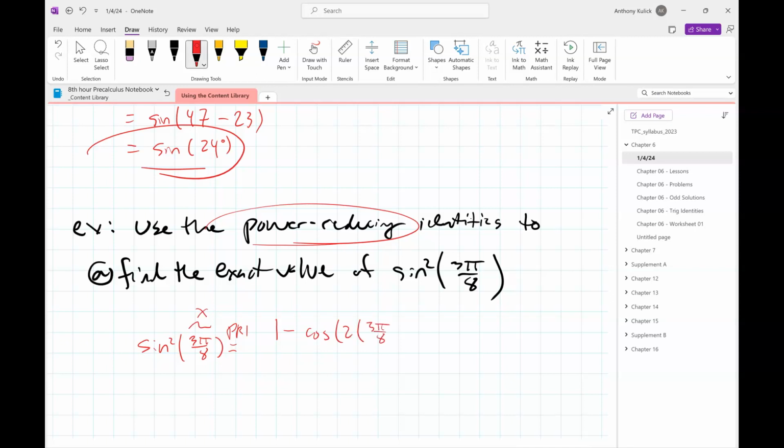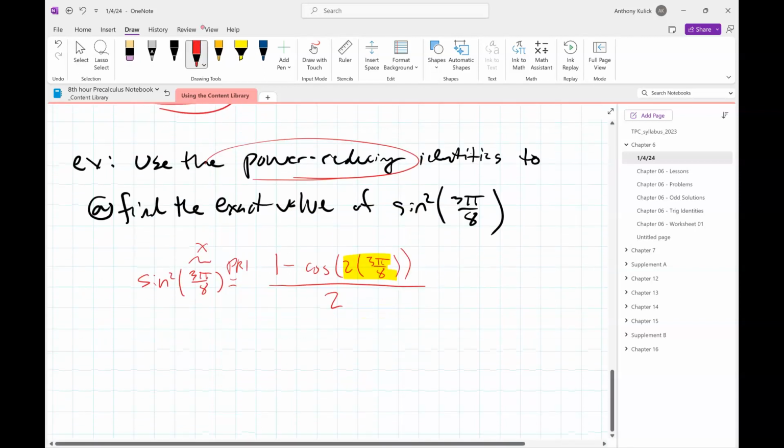So when I have 1 minus cosine of 2x, I have 2 times 3 pi over 8. So first thing I want to do is do that 2 times 3 pi over 8. What do I get when I multiply 2 times 3 pi over 8?